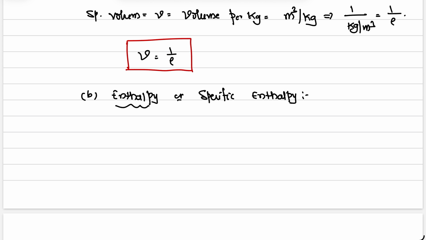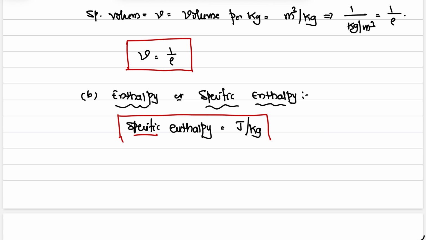The units of specific enthalpy, this is also a property of the system, are joules per kg. It can be kilojoules per kg also. Specific means per kg. You can safely apply this rule, but not always.